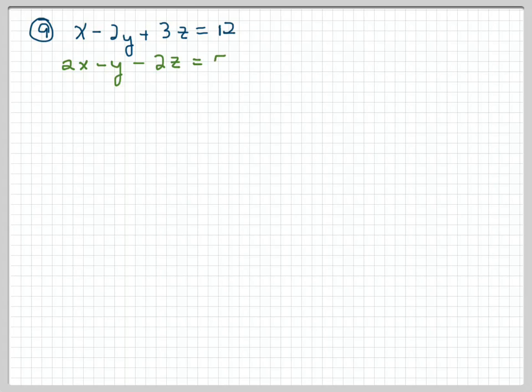And notice I put that little hash through my z's. I did that on purpose because I don't want to confuse those with the number 2, because that would present a problem. And then our third equation is 2x plus 2y minus z equals 4.